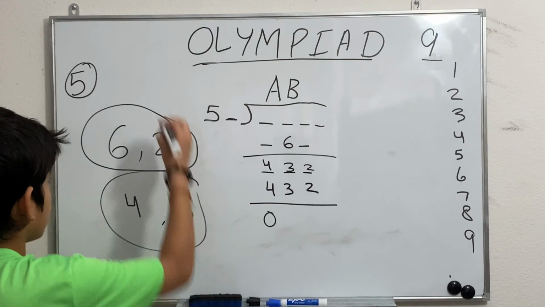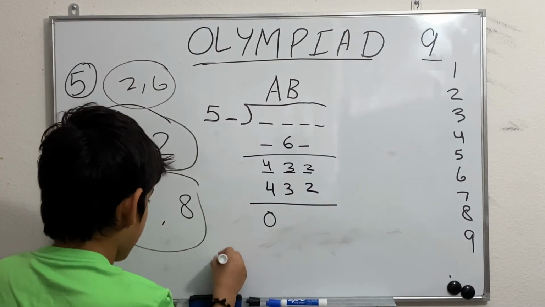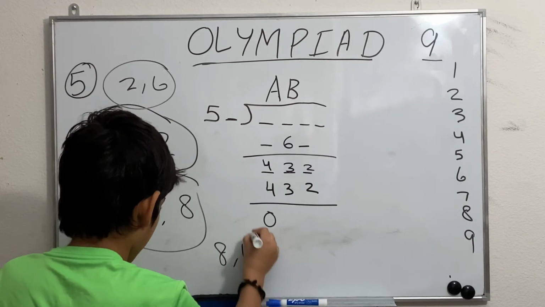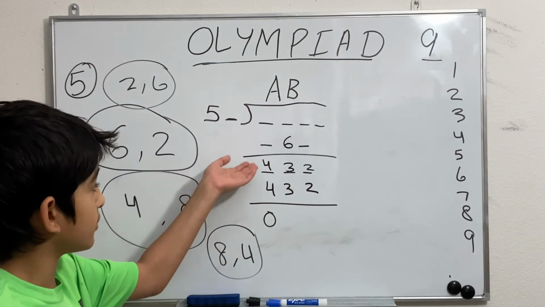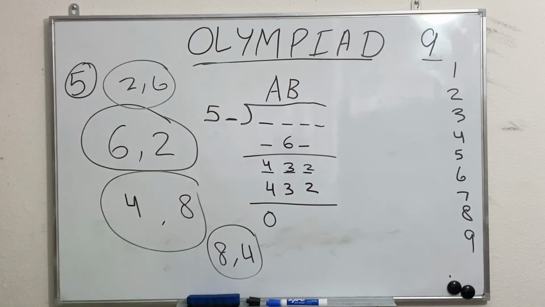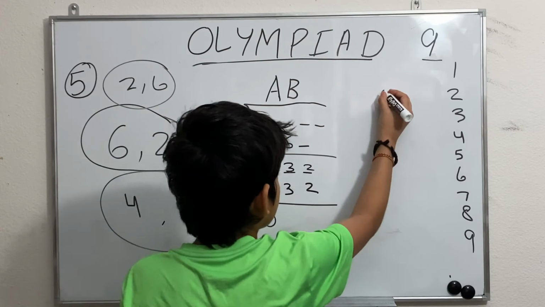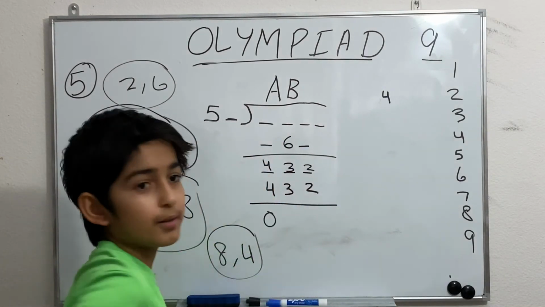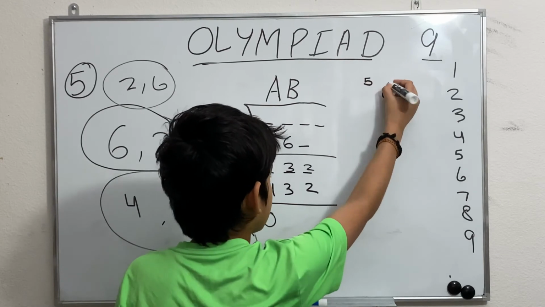There's also 2 and 6, and 8 and 4. We know that 432 is a big number, so let's try the smaller number of 8 and 4. B is 4, and this is 8, so 58.